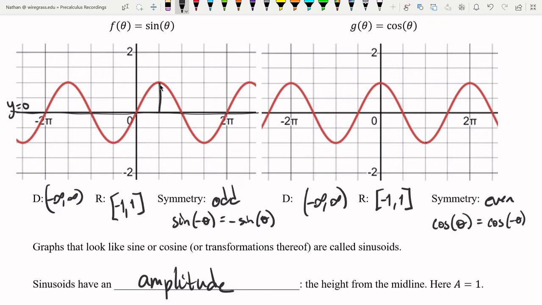That's where they always revolve around. And from this, you can see it has a height of 1 and a depth, you could say -1, but it's really a distance of 1. So that's what the amplitude is. That's how you find the midline. So the midline here is right in the center, y equal to 0. It has a height of 1 and a depth, a distance of 1. That's the amplitude.